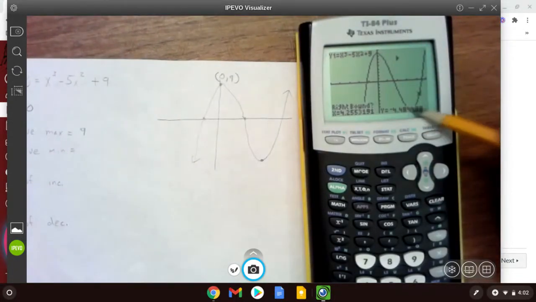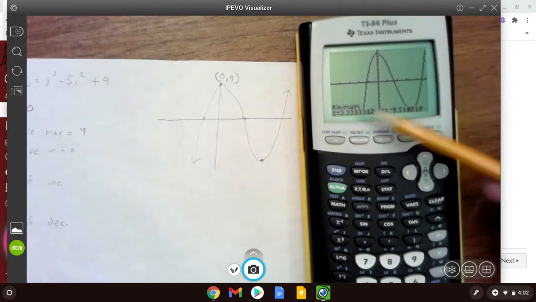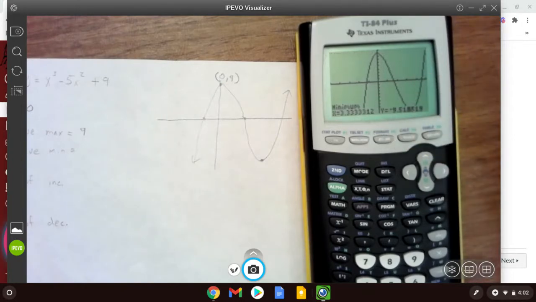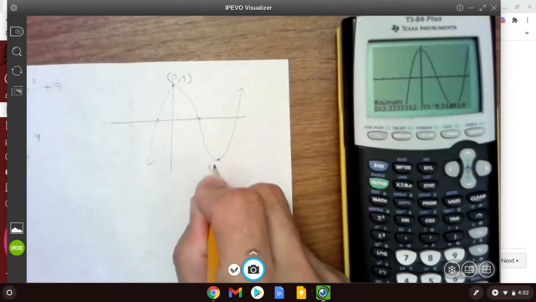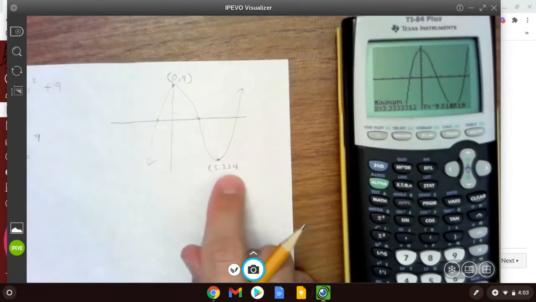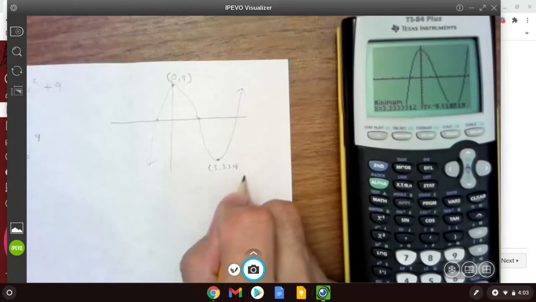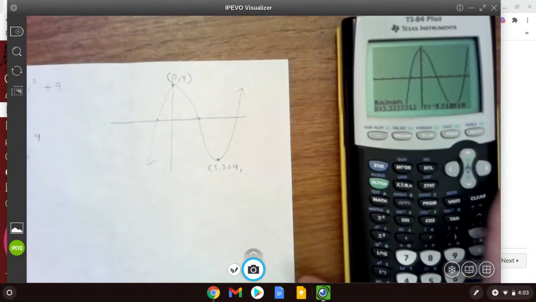So we are to the right side of the dip. And there's our minimum, 3.33333 repeating. I'm going to round it to 3 decimal places, 3.334. And then my y value is going to be the same thing, rounded to 3 decimal places.